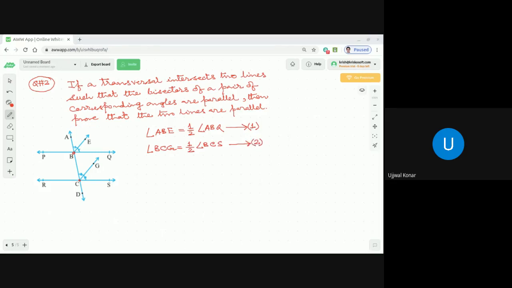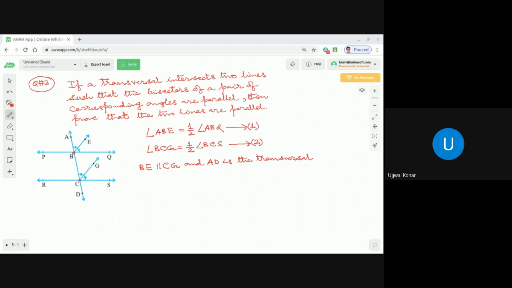Now, we know that BE and CG are parallel to each other. Now let's look at it this way: BE is parallel to CG and AD is the transversal. So what can we conclude?